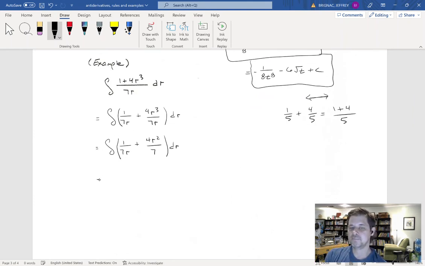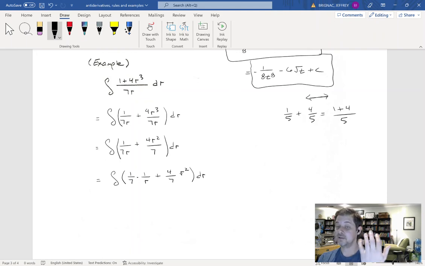So for this first one, I could see this as the constant 1 over 7 times 1 over r. That would be 1 divided by 7r, because when you multiply fractions, you multiply them straight across. And then this one I could see as 4 over 7 times r squared over 1, and that would give me this.